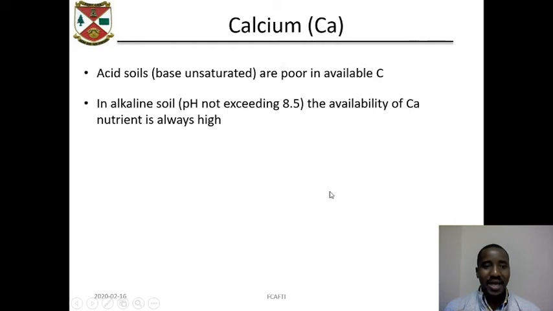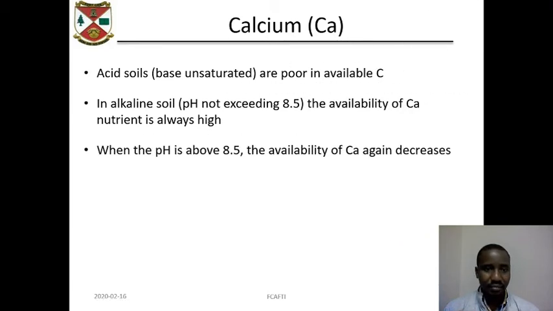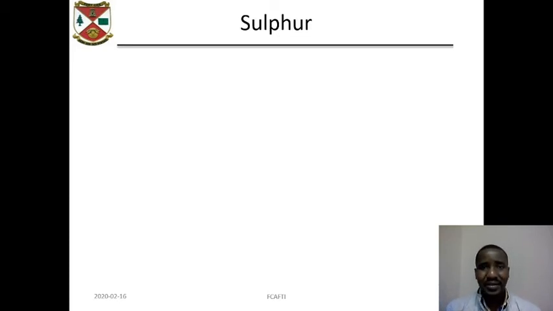Okay. In alkaline soils, the availability of calcium is always high. However, when the pH of your soil solution is above 8.5, when it is too alkaline, too basic, right? The availability of calcium again decreases. Okay.